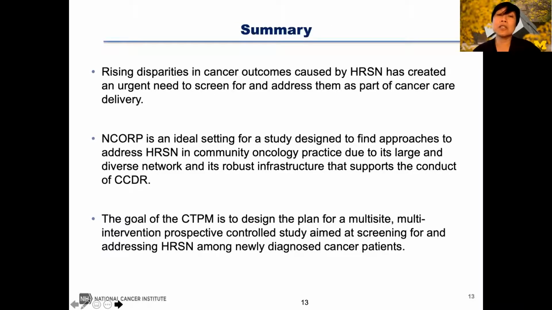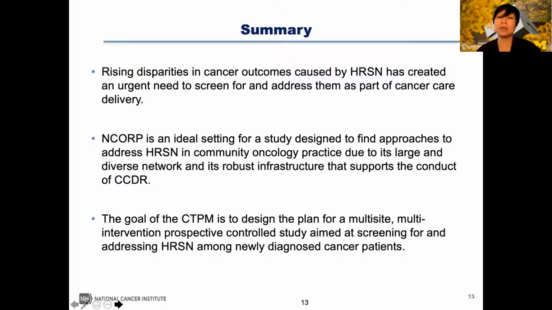So in summary, disparities in cancer outcomes caused by health-related social needs really create an urgent need to screen for and address them as part of comprehensive cancer care delivery, treating the whole person. NCORP is the ideal setting for studies designed to find approaches to address these social needs in community oncology practice settings, because as you know, it is large and diverse with existing robust infrastructure supporting the conduct of cancer care delivery research.